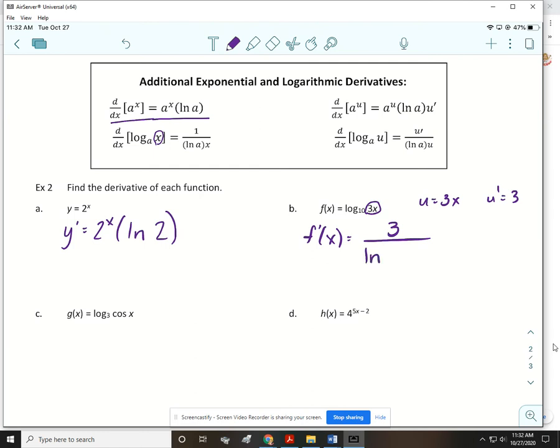A is the base. This one's base 10 times u, and u is 3x. Now, I can actually reduce that. I could not multiply 10 times 3x, but I can reduce by the 3's. So that's going to be 1 over the natural log of 10, and then that's multiplied by x. So be careful that you don't write it as natural log of 10x.